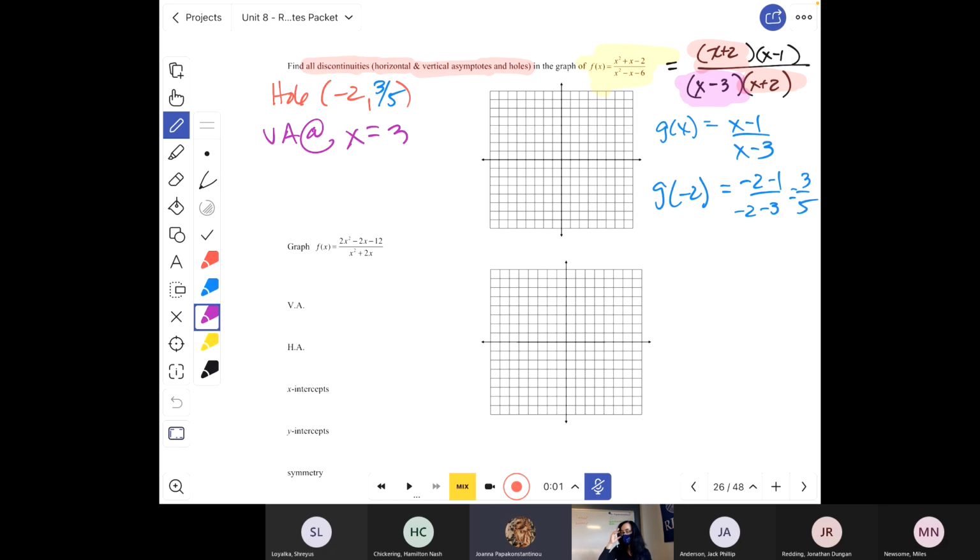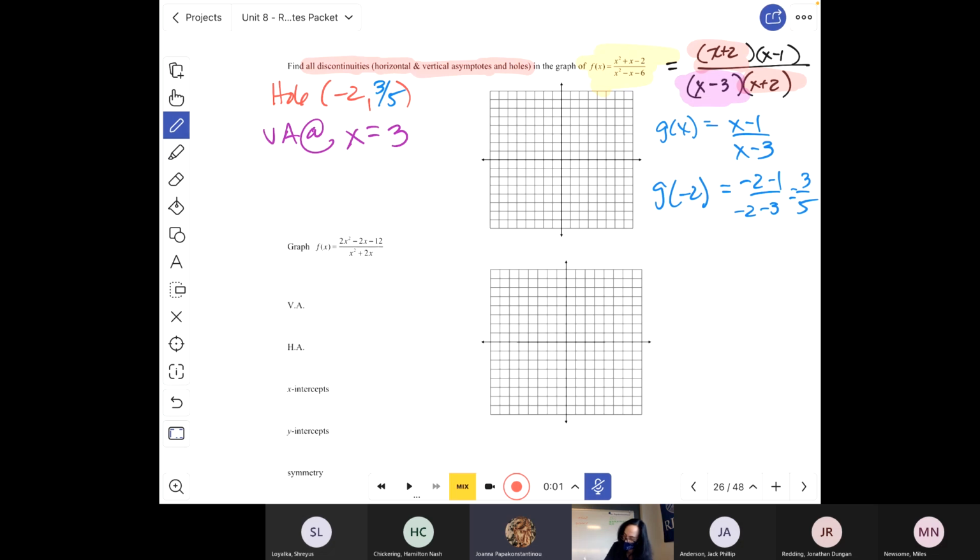So find your holes first. After you find the hole, you can take the hole out. Then you look at what's remaining. You look to the denominator and see what other factors are left, and those will give you your vertical asymptotes.